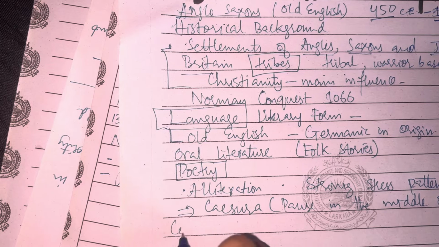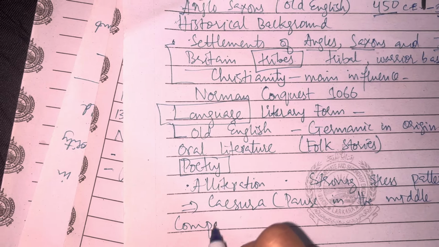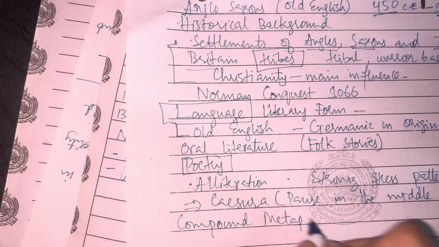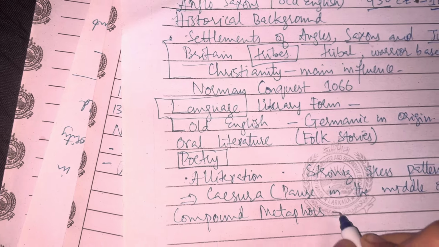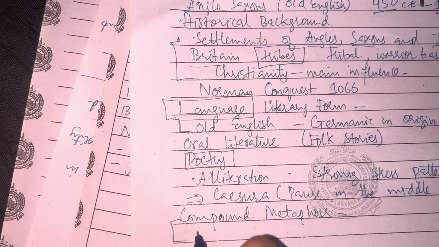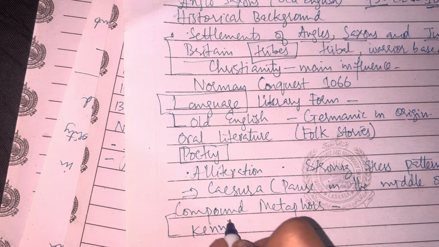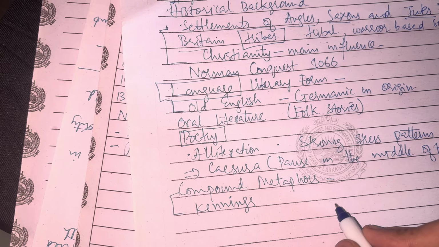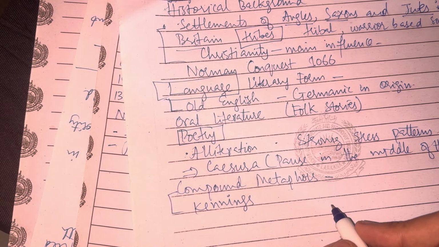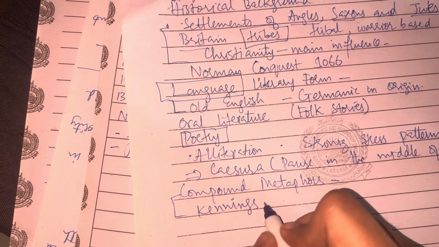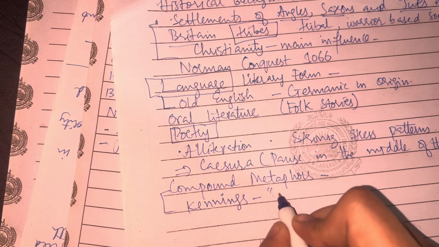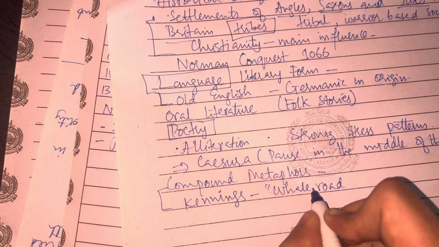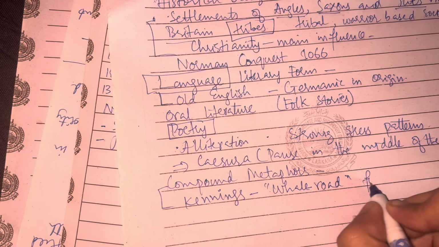Some compound metaphors were also used, like kennings. Kennings, for example, whale road for sea.